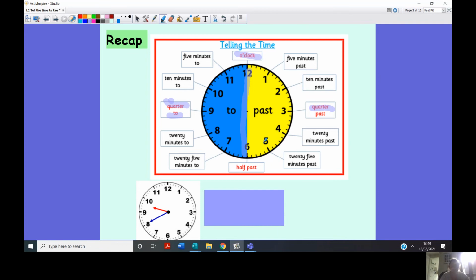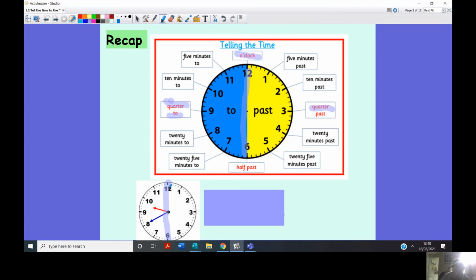So looking at this clock to help us, almost imagine we've got an imaginary line drawn down our clock, and we can see that this hour is past the half point. So we know we're going to be looking towards the next hour. So just to remember our steps to success, we can see that it's to the next hour.